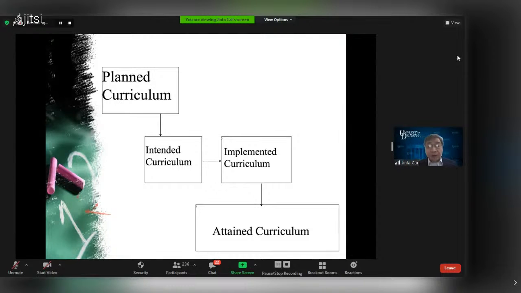So if the textbook has so few problem posing tasks, then obviously not many problem posing tasks have been implemented in the classroom. So what should we do then?